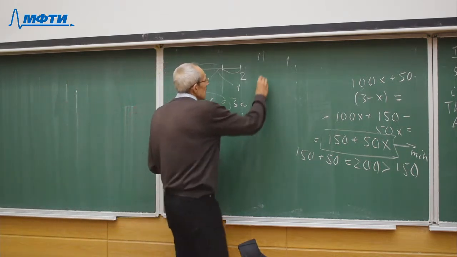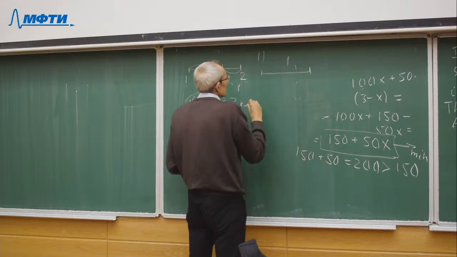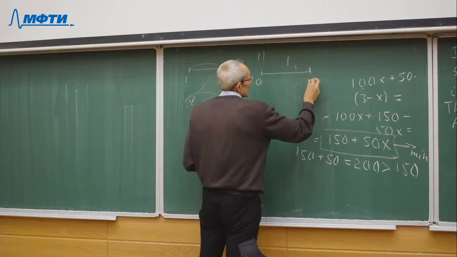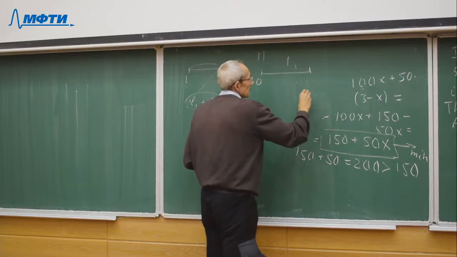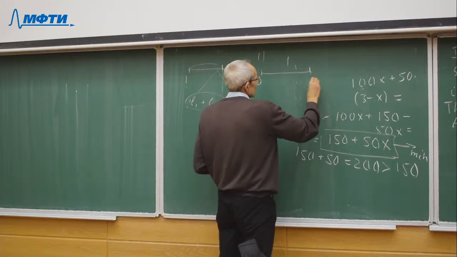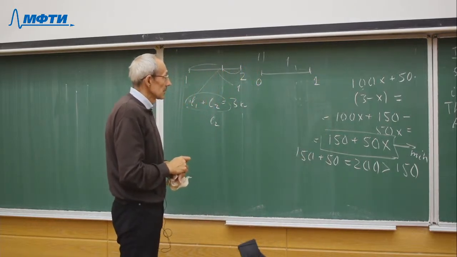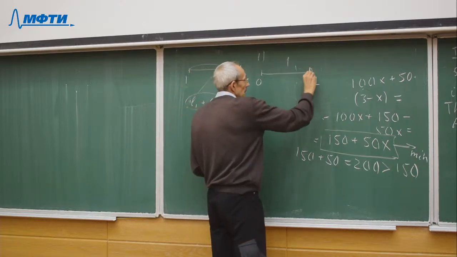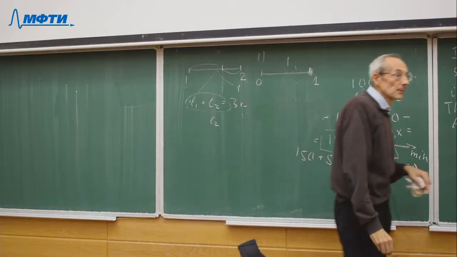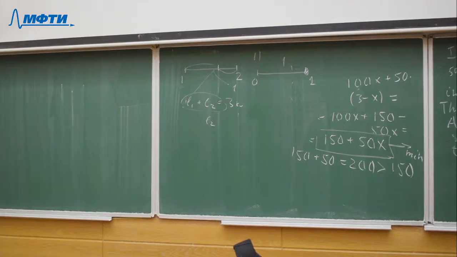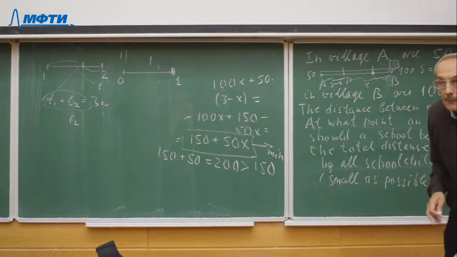The simplest examples, 0 students and any number of students there, maybe 1. What is the minimal distance here? Okay, this is the simplest example.